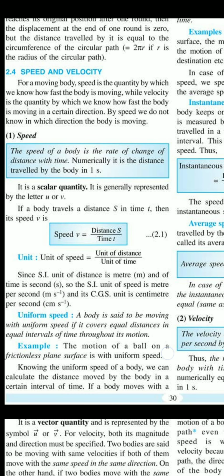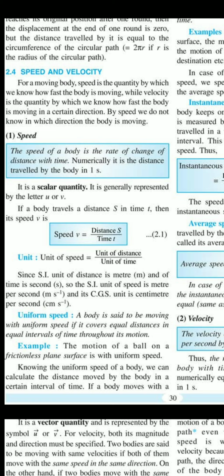So with time, that means we need to divide by time. So speed is equal to distance upon time, and because it depends on distance, therefore as distance is scalar quantity, speed is also a scalar quantity.